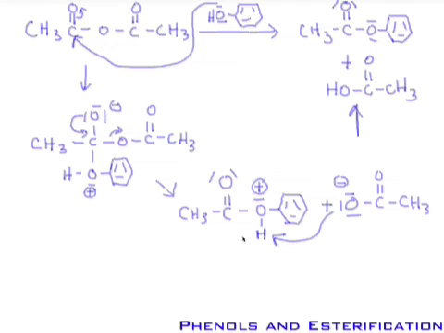Now this type of chemistry with acetic acid, and the fact that there is a direct influence of both the phenol on the oxygen and the oxygen on the aromatic ring, leads to two very important reactions that we want to look at now. One is called the Kolbe reaction, and it is a synthesis for acetylsalicylic acid.